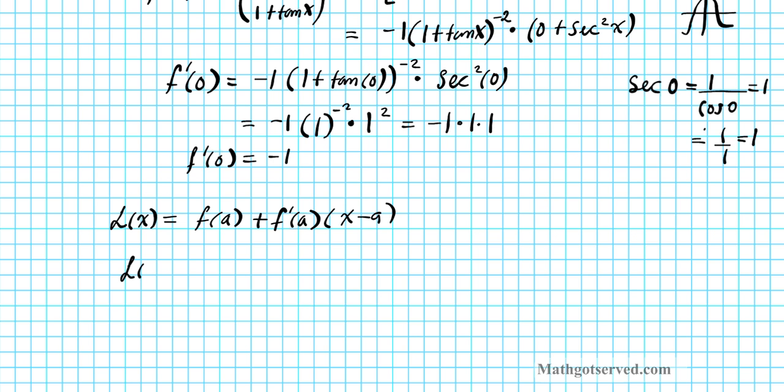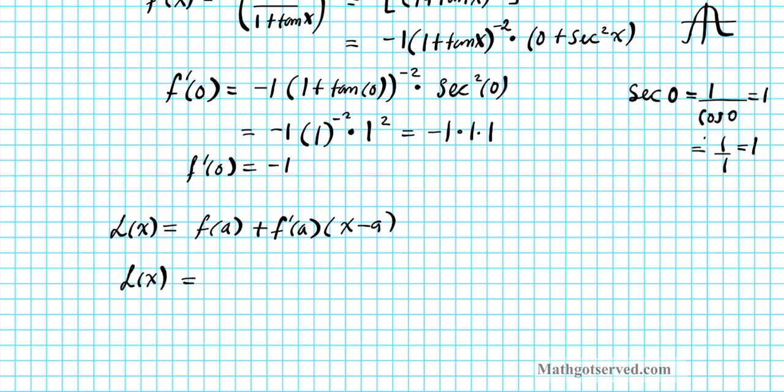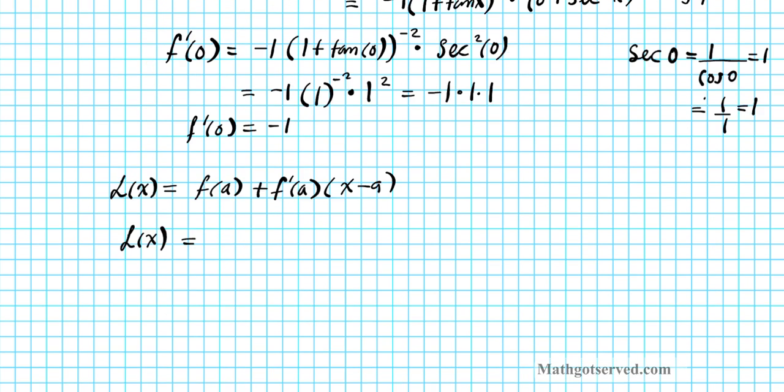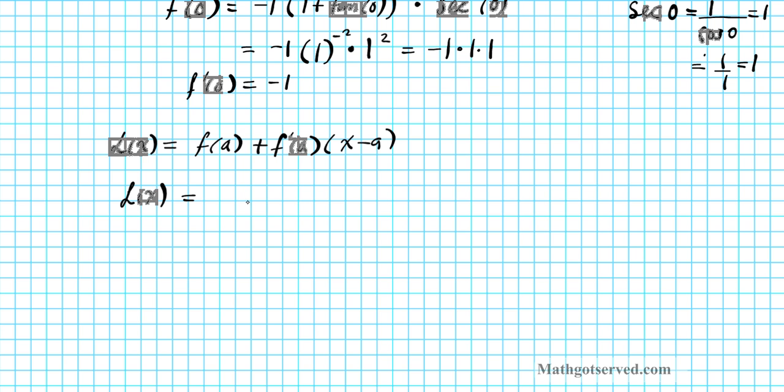So the linearization of the function is f of a. What is f of a again? F of a is 1. Okay, so we have 1 plus f prime of a, the slope, negative 1 times x minus a, which is 0.